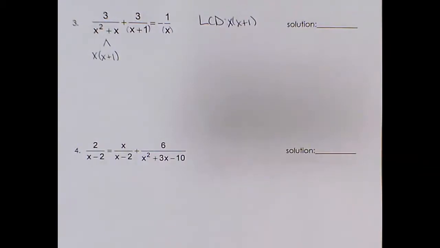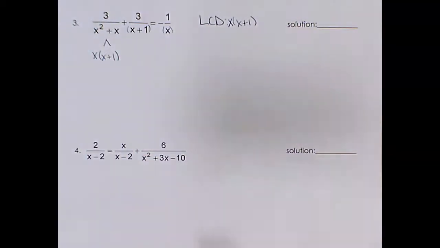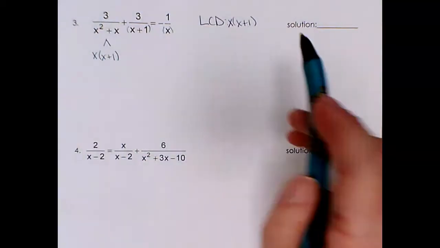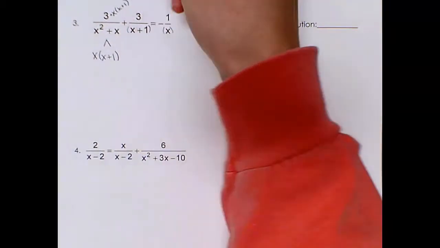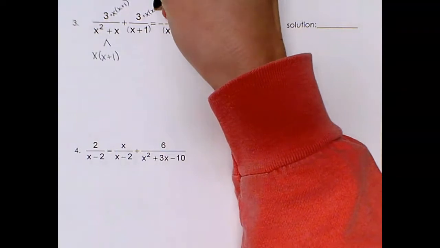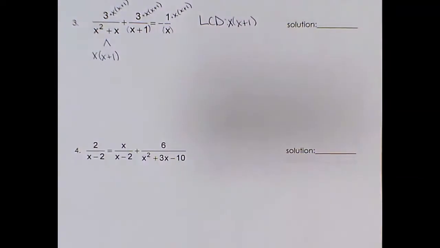So I'm going to multiply all three terms, 1, 2, 3, by x times x plus 1. And we'll see what gets canceled.